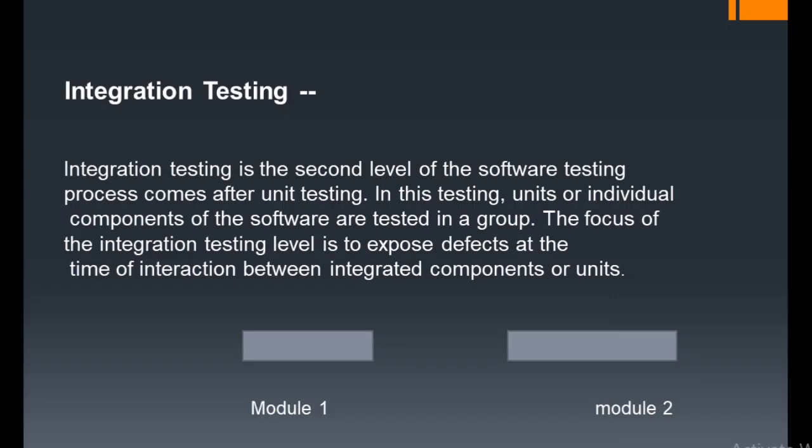Suppose the first module is a send message module, and the next module is an outbox. If you send a message to a friend, then it needs to show in the outbox module. This is an integration between the two modules. This is integration testing, an important type of testing in software testing.